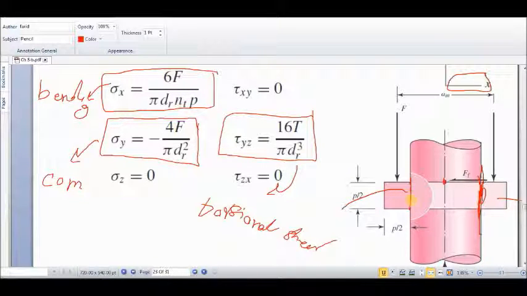So maybe we have some other stresses at the center of the thread, which you can find in your lecture note. We have some other stresses at the center of the thread or at the tip. It doesn't matter, because the critical location on a power screw is always at the root.